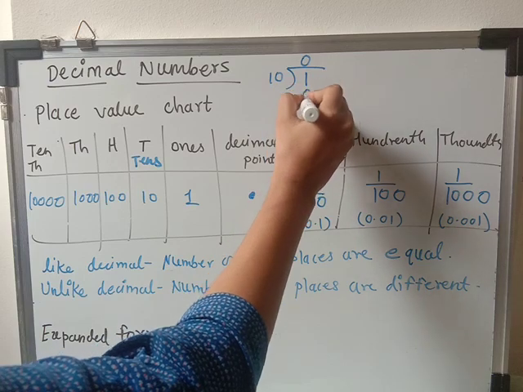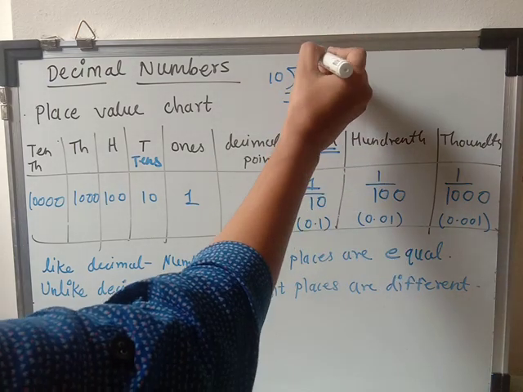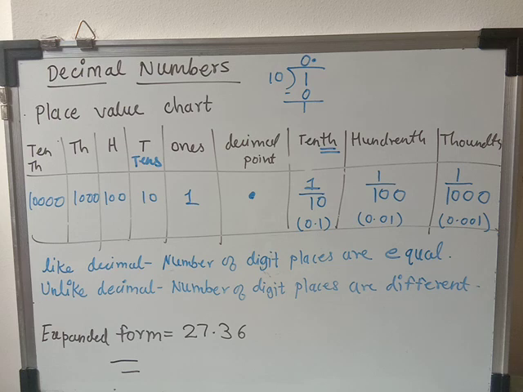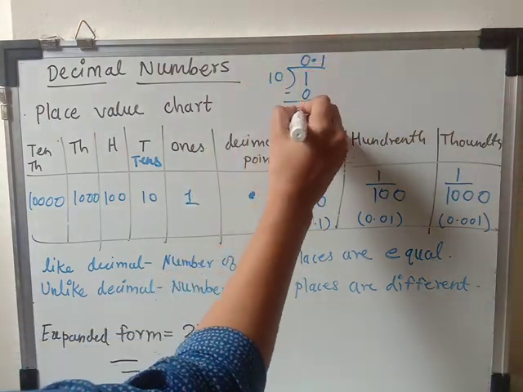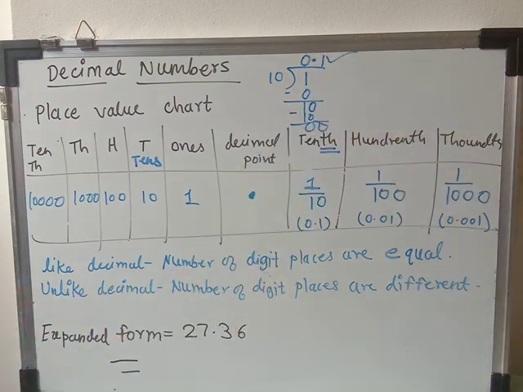After that also we can't divide, so we have to take a decimal. When we take a decimal, we can keep taking 0 until our remainder becomes 0. So decimal allows us to take the 0 for the division. 10 ones are 10. So here we got the answer 0.1.